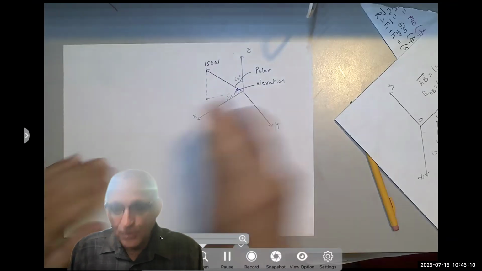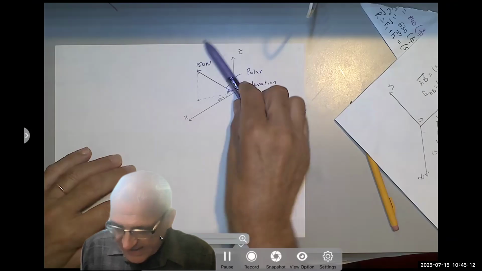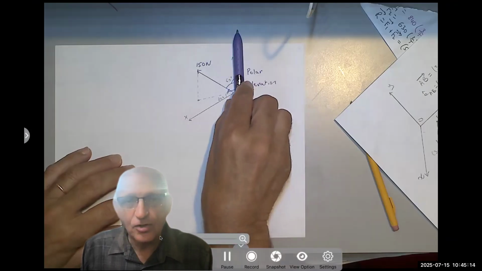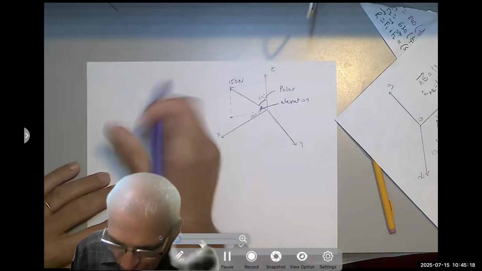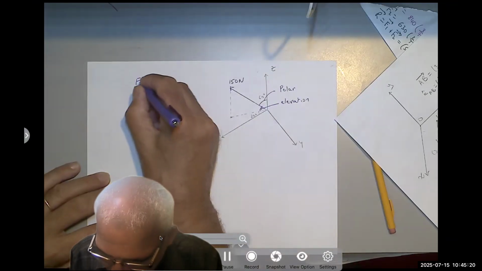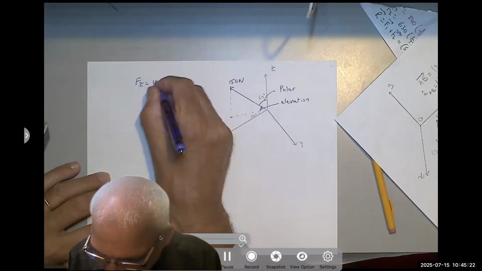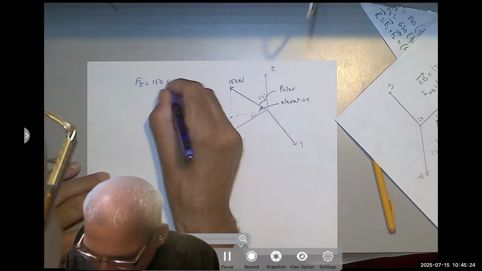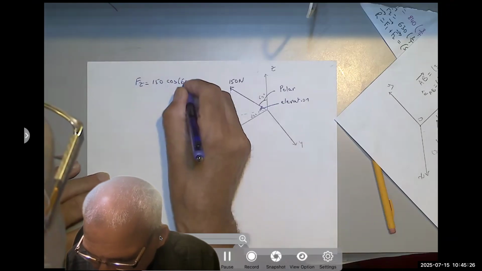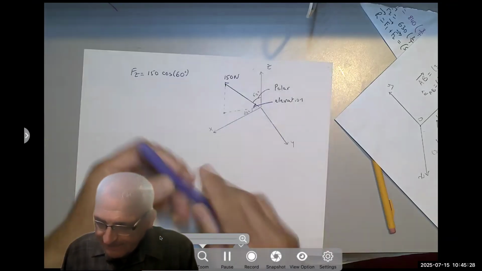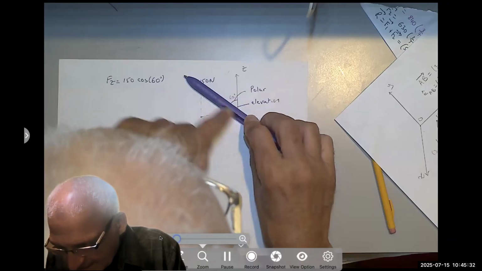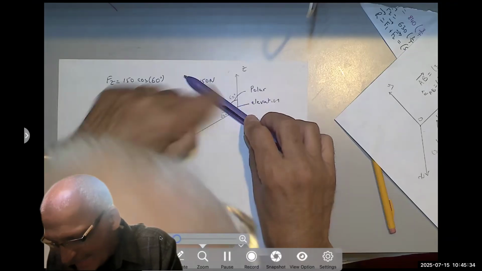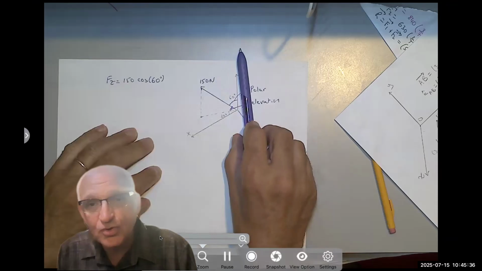If I want to project the vertical component, the angle between them is 60 degrees. So F sub Z would be 150 Newton times cosine 60 degrees. Notice that when you project and you know the angle between your force and an axis, you multiply by cosine.